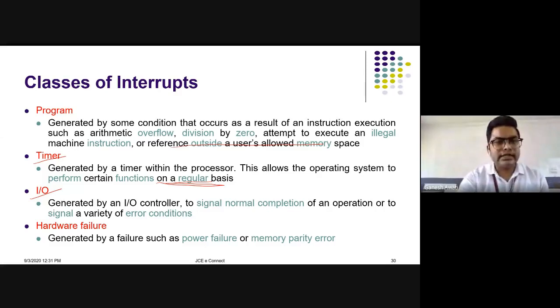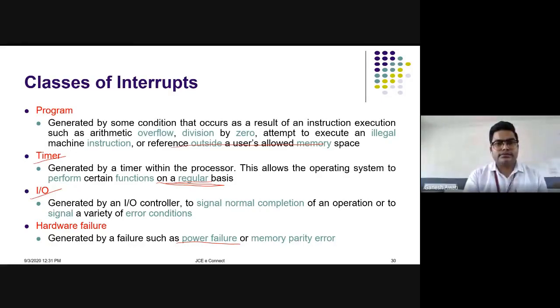Then hardware failure, generated by failures such as power failure or memory parity error. If the battery is low or a power failure has happened, that is a hardware interrupt, and it will just turn off your computer. Those are the different forms of interrupts we have.